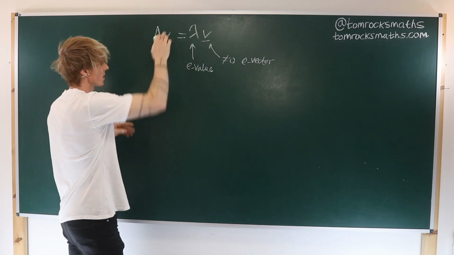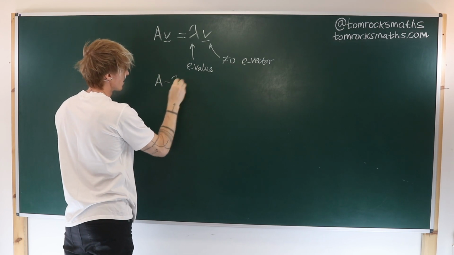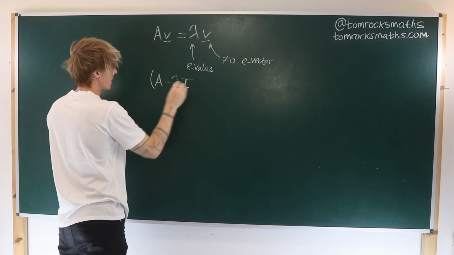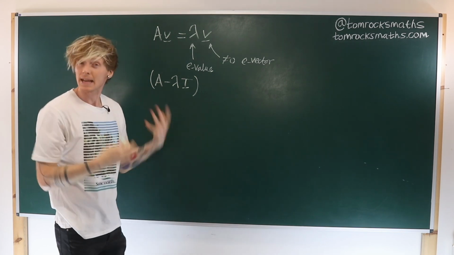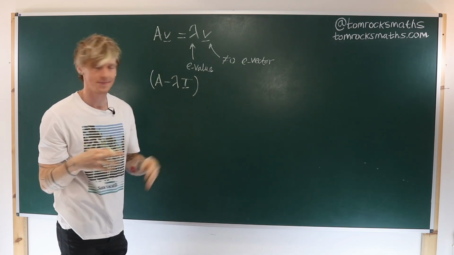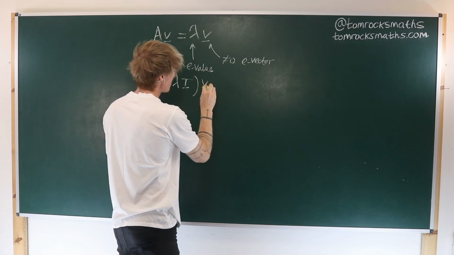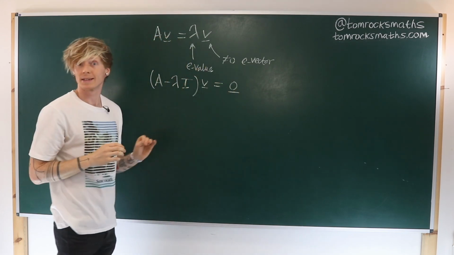If I take this over to the left-hand side and factor out V, then I can say A minus lambda times the identity matrix, so that A minus lambda makes sense, multiplied by V has to be equal to the zero vector.